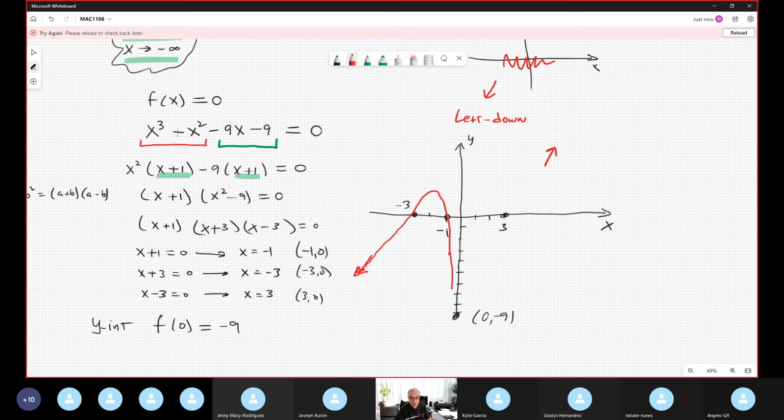It's going down to negative 9, and now we continue here, passing through 3, and continue forever. So you see end behavior, you see zeros, which is the terminology applied for the x-intercepts, and we see the y-intercept. I suppose that is enough.